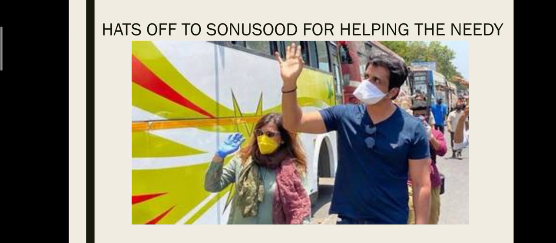Then finally, hats off to Sonu Sood, because he is helping the needy people. He sent so many migrated people from one place to another with his own money, by a total of so many buses. So once again, hats off to Sonu Sood.